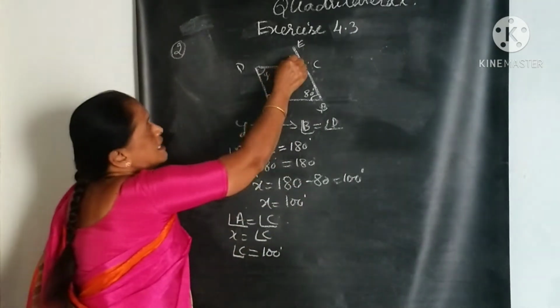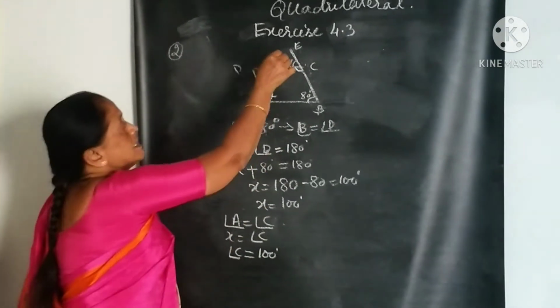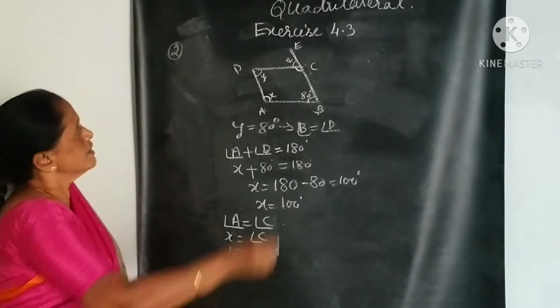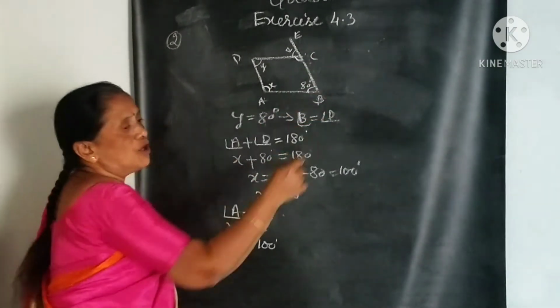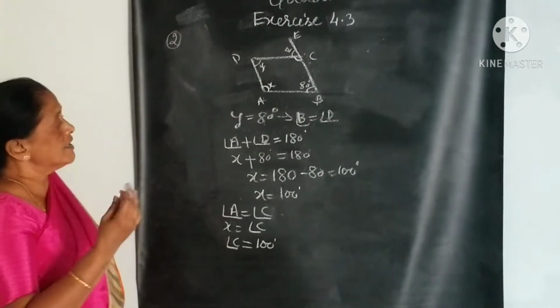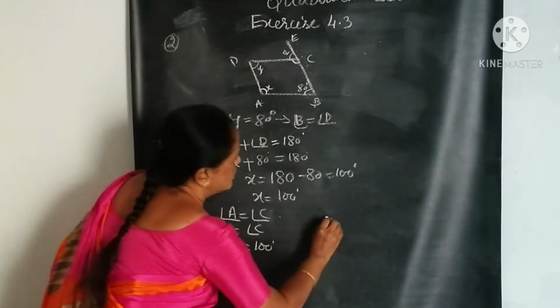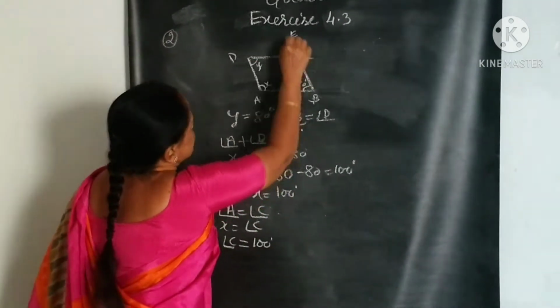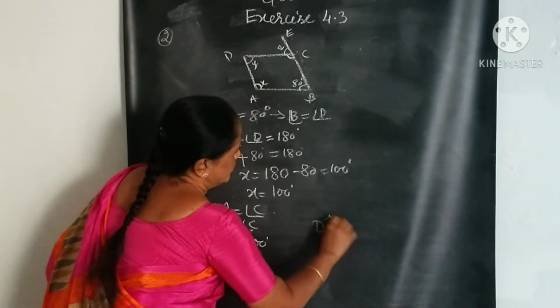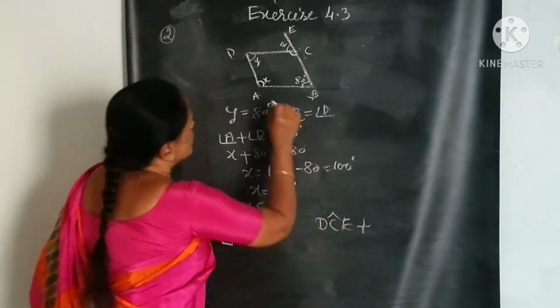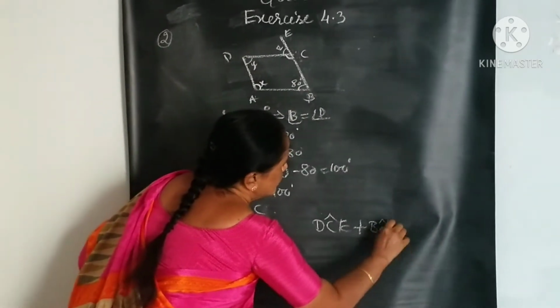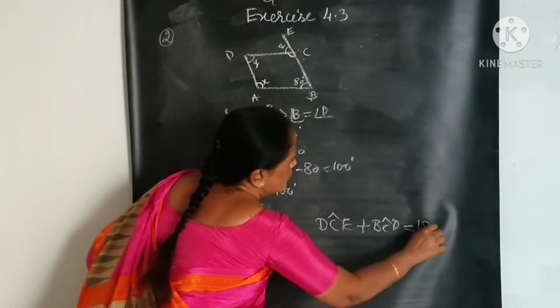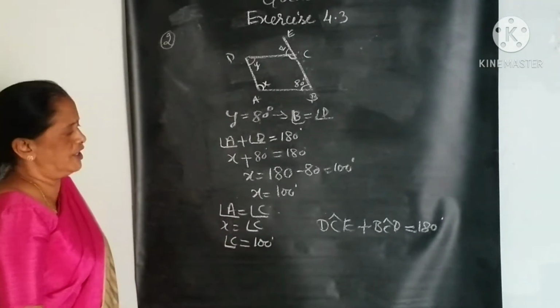Then how to find angle Z? Z is an exterior angle. Here angle Z plus angle C is equal to 180 degrees. They are linear pairs. That means angle TCE plus angle BCD, they are linear pairs. The sum of them is 180 degrees.